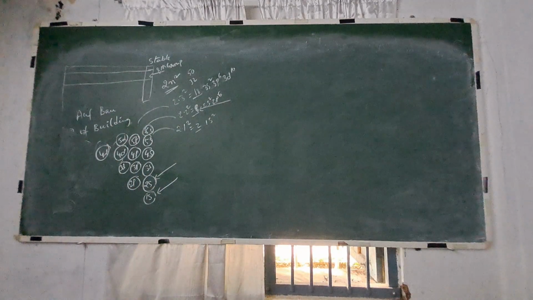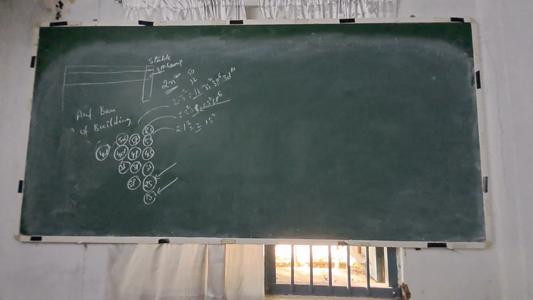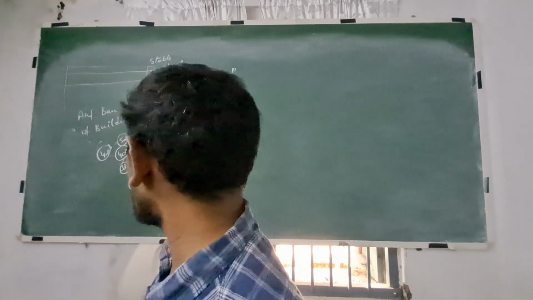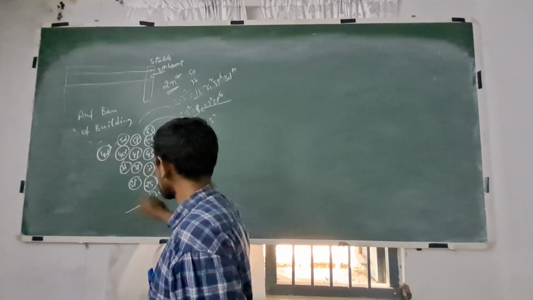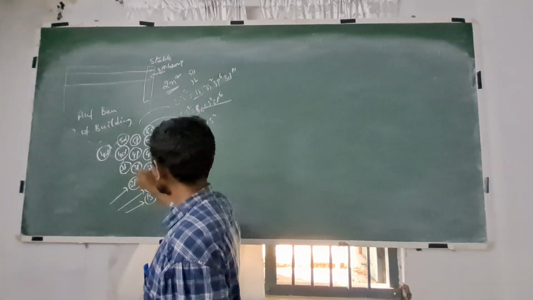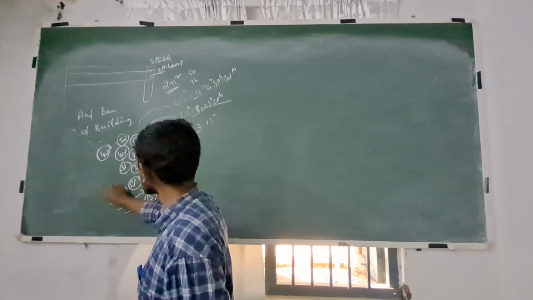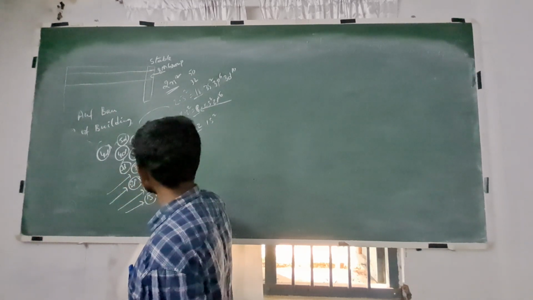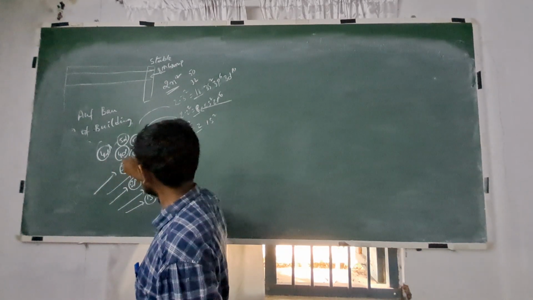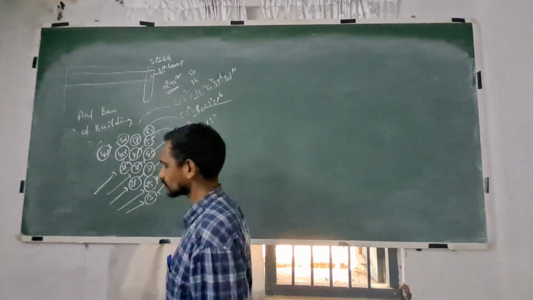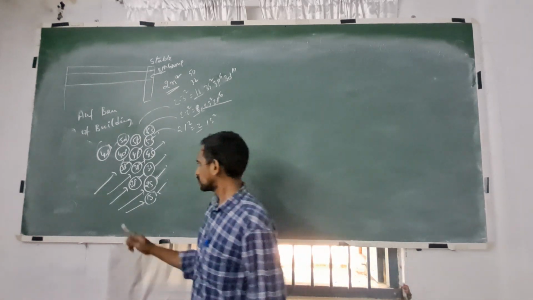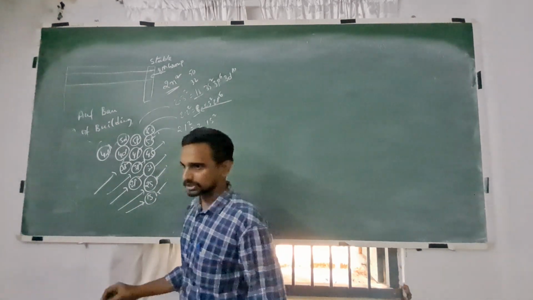పని చేయట్లేదు. Aufbau principle చూడండి ఒకసారి. Okay, so the filling comes from this end. 1s, 2s, 2p, 3s, 3p, 4s, then 3d, 4p, 5s. Okay, so in this direction.